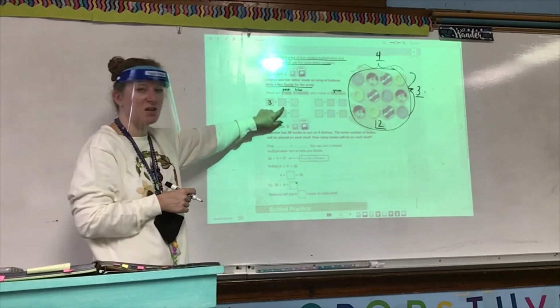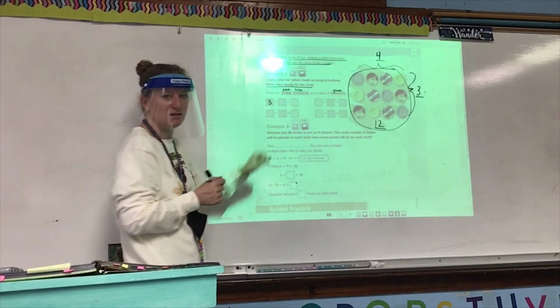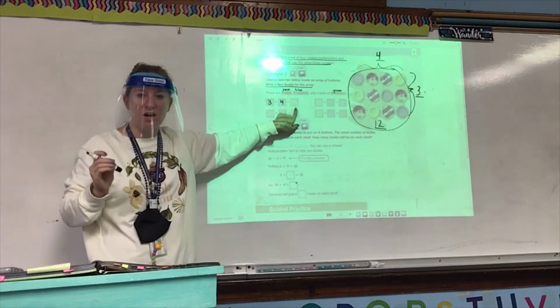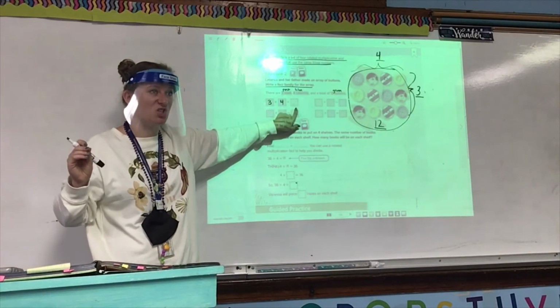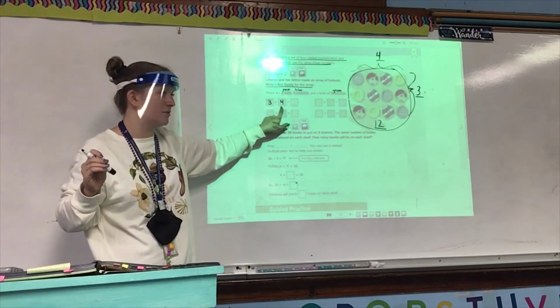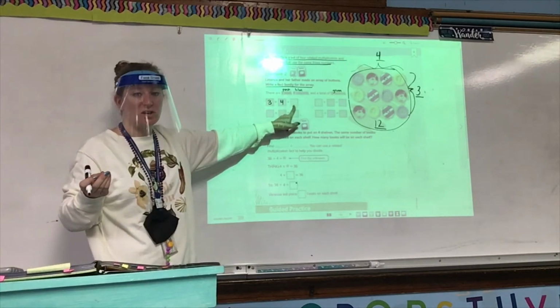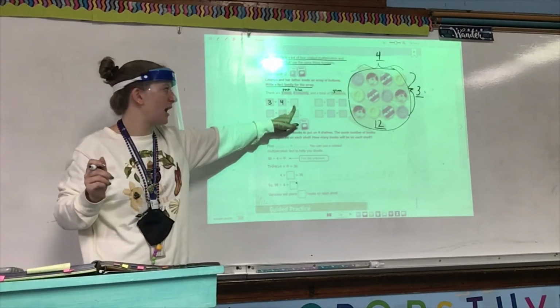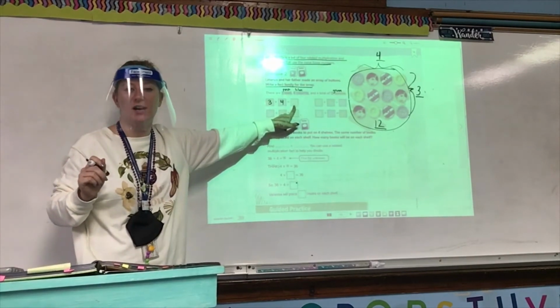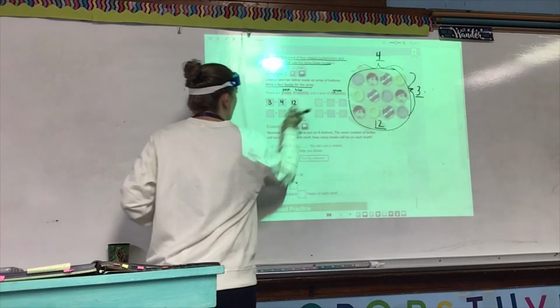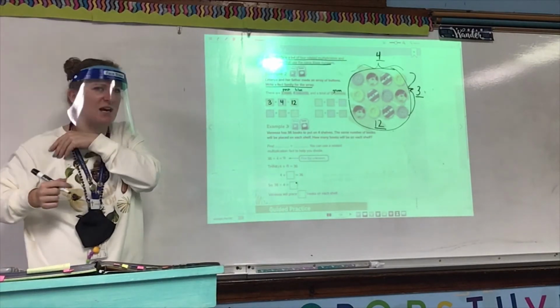How many columns are there in this array? 4. And we know with multiplication, our product is always the answer. Our factors are the number of rows and columns, doesn't matter what order. Our answer, our product, is the total number. How many total buttons do we have, Zari? 12 buttons. Good.